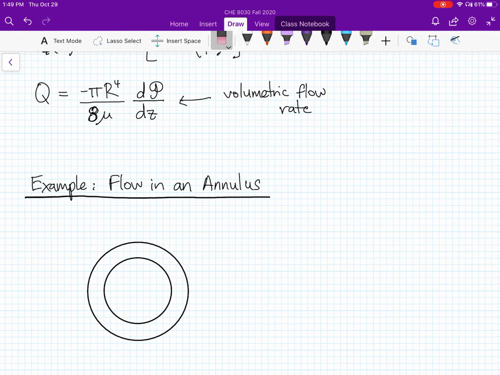So again, our fluid is on the outside of the inner pipe and on the inside of the outer pipe. In this case, the inner pipe is stationary and the outer pipe is rotating with an angular velocity of omega.